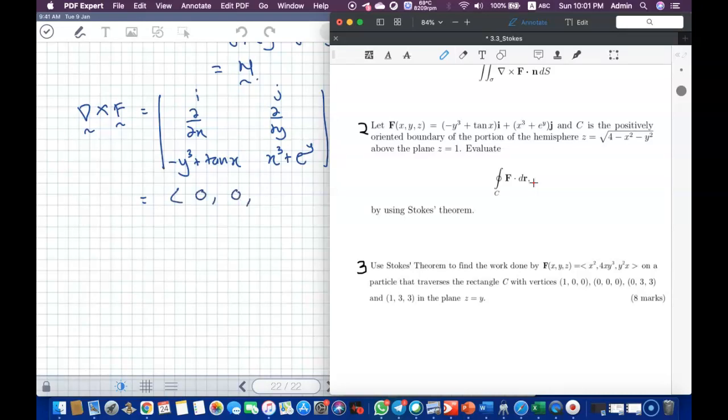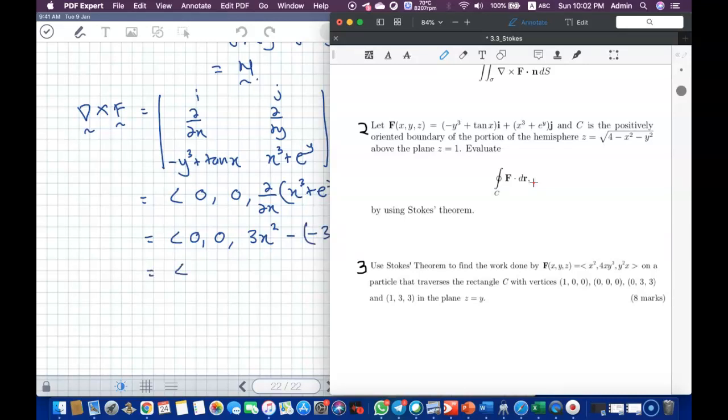So we differentiate del x of x cubed plus e^y minus del y of minus y cubed plus tangent x. So we have 0, 0, we have 3x squared, and this one negative, negative 3y squared.